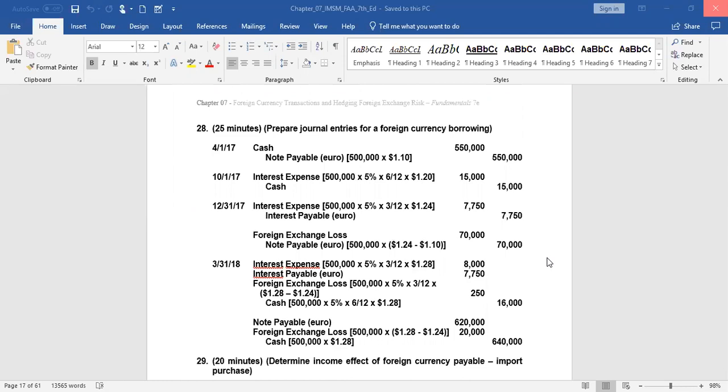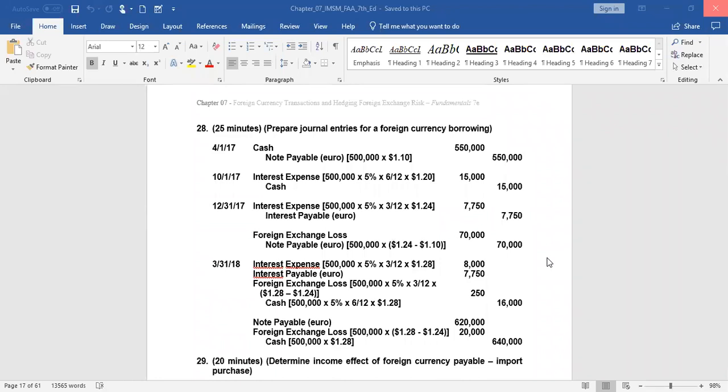Now nothing else is really happening until October 1st. The year doesn't end. But on October 1st, the company must pay interest at the conversion rate on October 1st. So they'll be paying euros, 500,000 times 5% times 6 of 12 months.